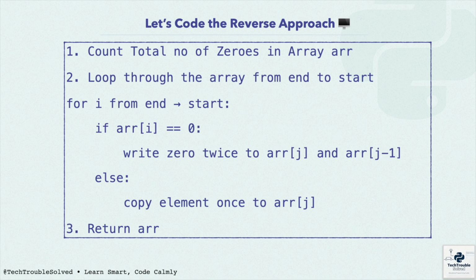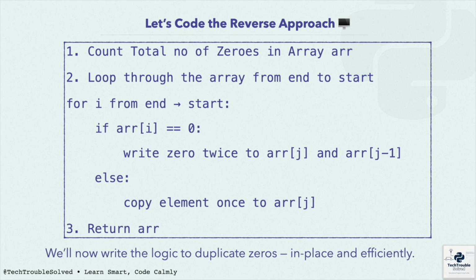If the current element is not 0, we simply copy it backward once. But when we find a 0, we write it twice. Once at position j and again at j minus 1, and then shift both pointers back. By the end of the loop, every 0 is safely duplicated and the entire array is transformed in place with 0 extra memory. Let's write that code together.